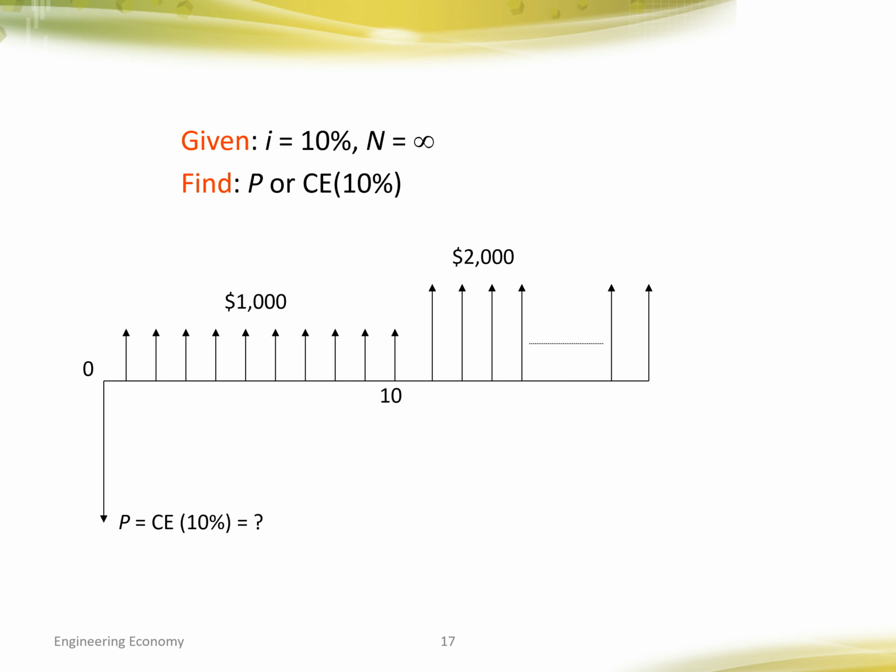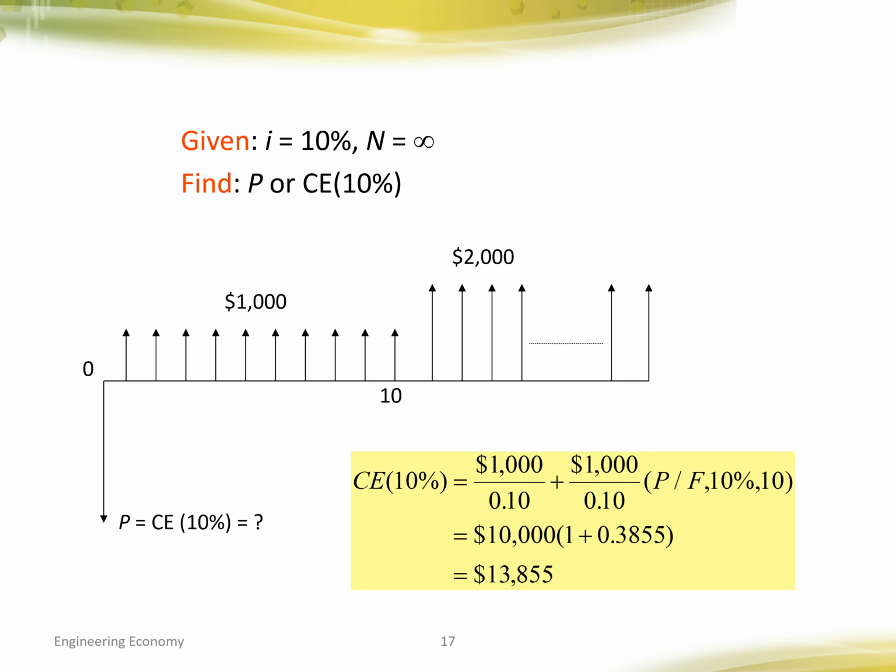One part is 1,000. The other part is another 1,000, but from the 11th year. So we take this 1,000 to infinity. We can easily compute 1,000 over 10%, right from the beginning to infinity.